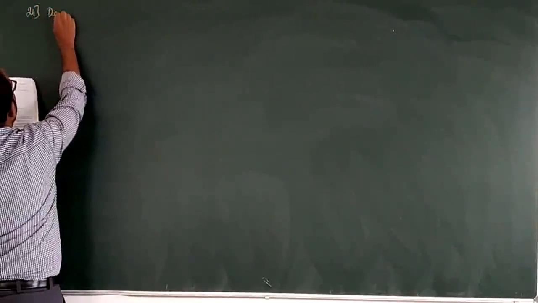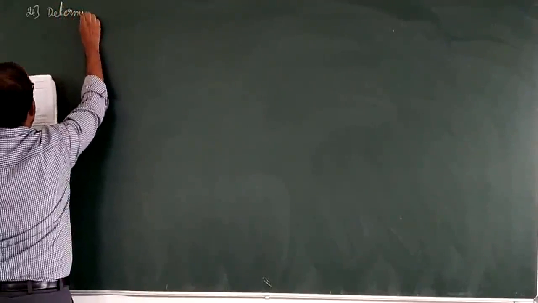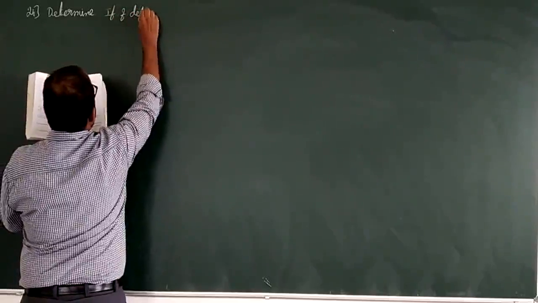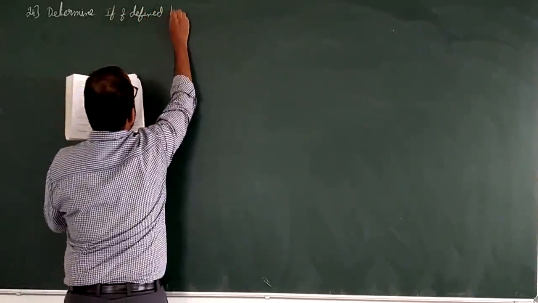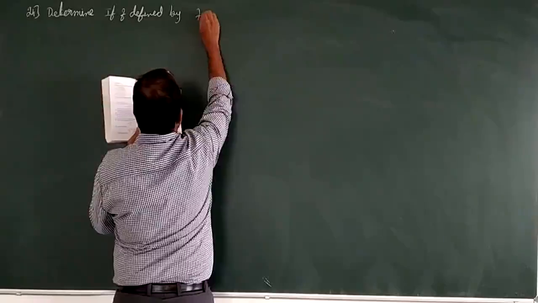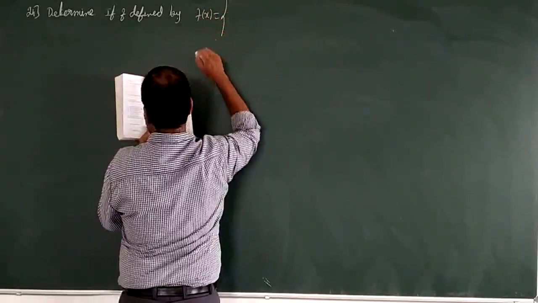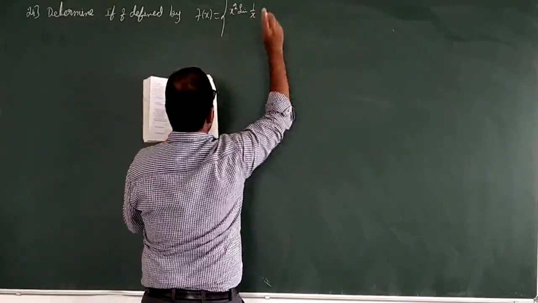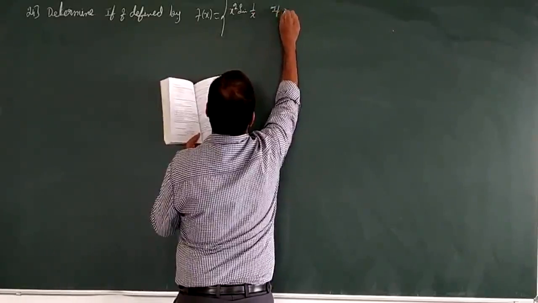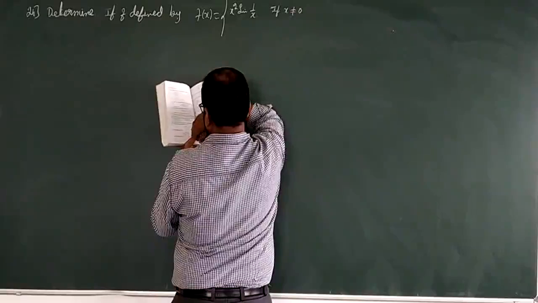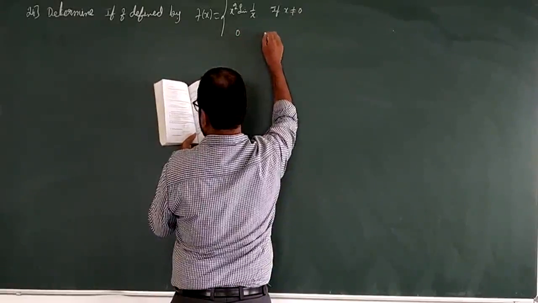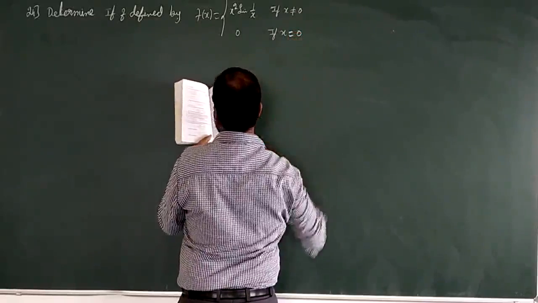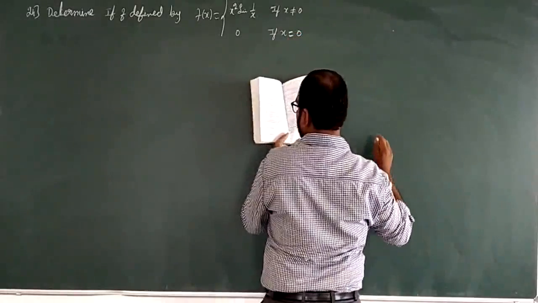Determine if f defined by f of x is equal to x square sin of 1 by x, if x is not equal to 0, and 0 if x is equal to 0, is a continuous function.